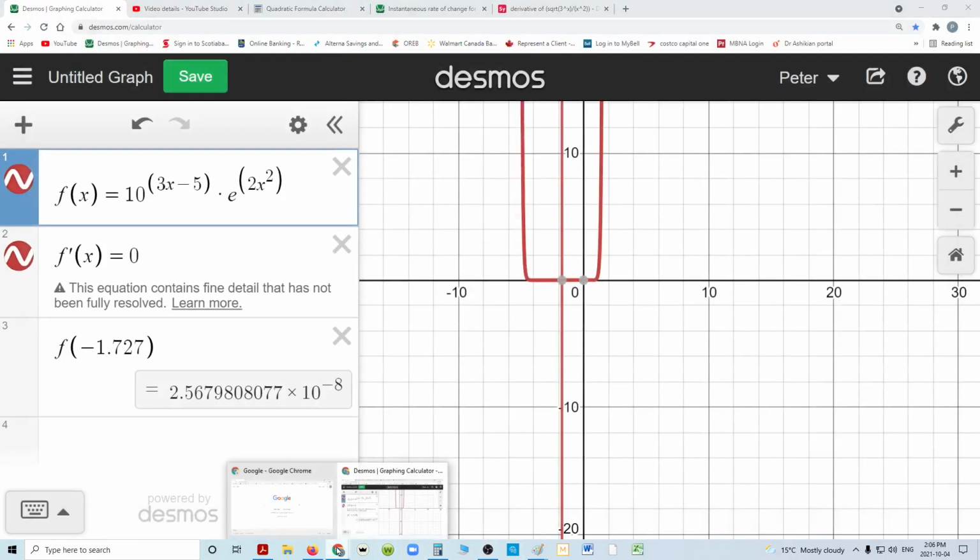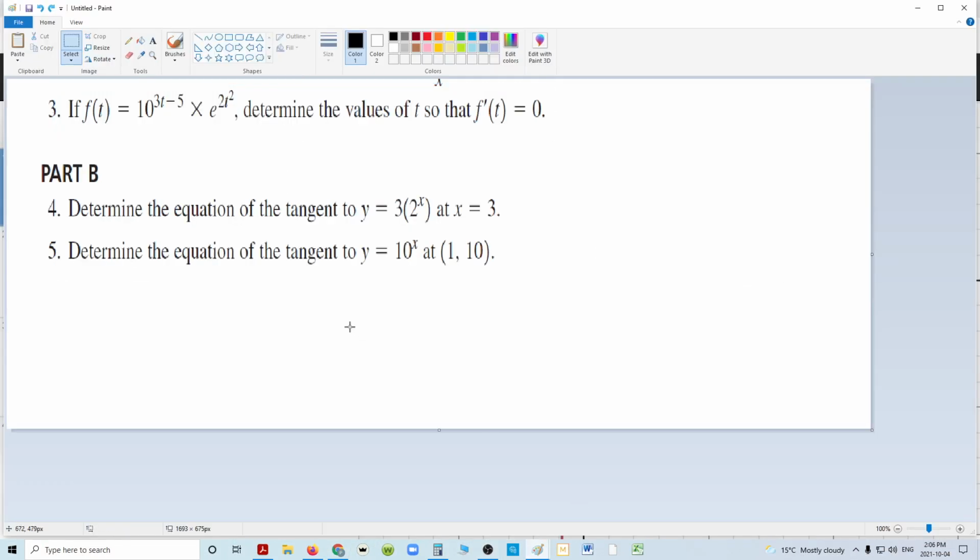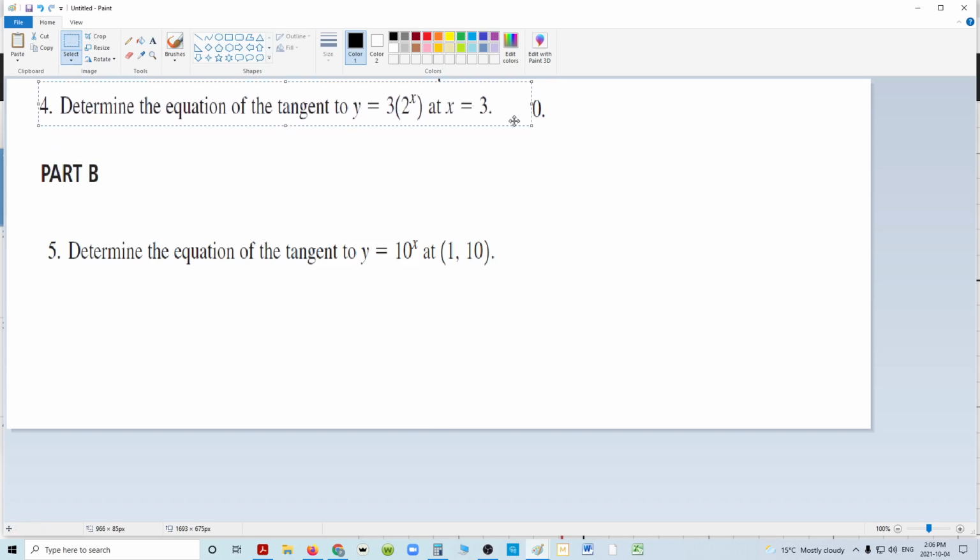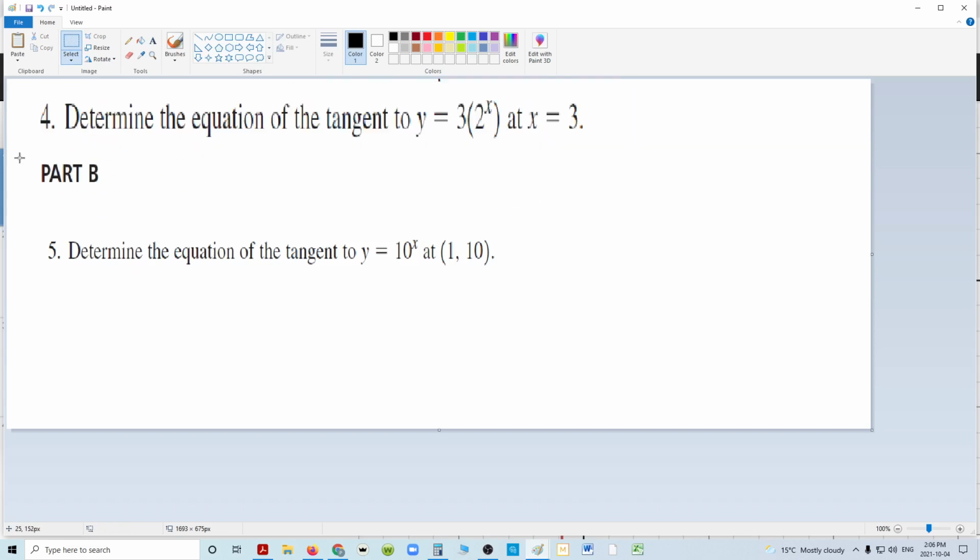I just want to get rid of one of these here. There we go. Okay, what about these? Determine the formula of the tangent. Okay, so they want the equation of the tangent.